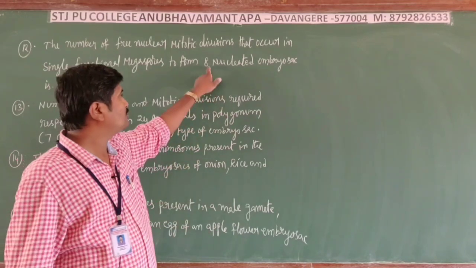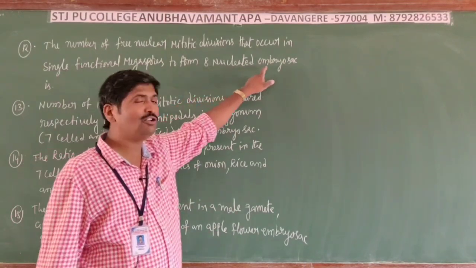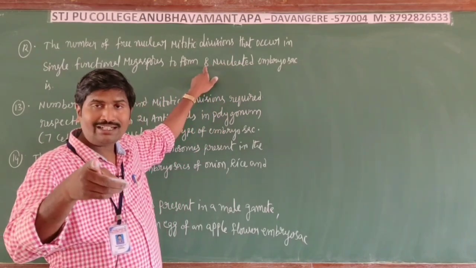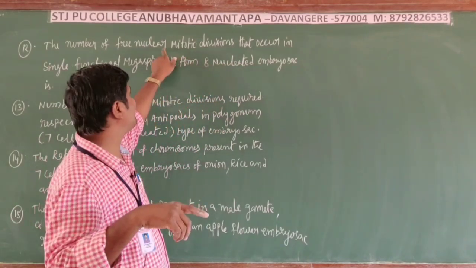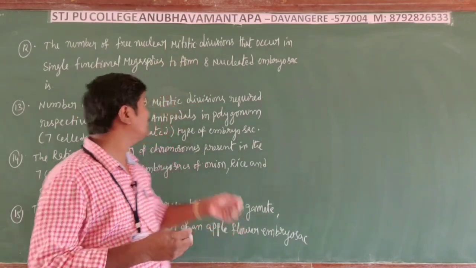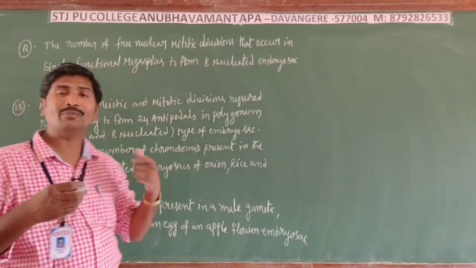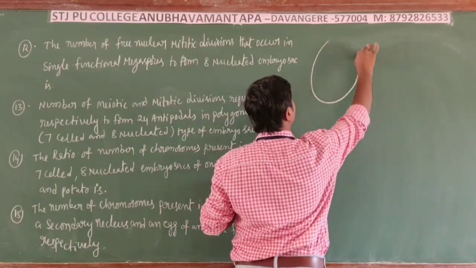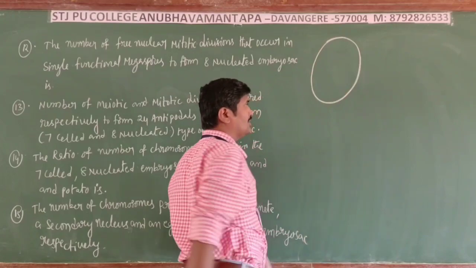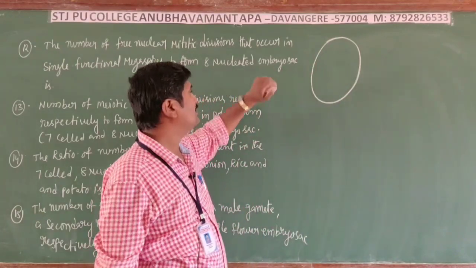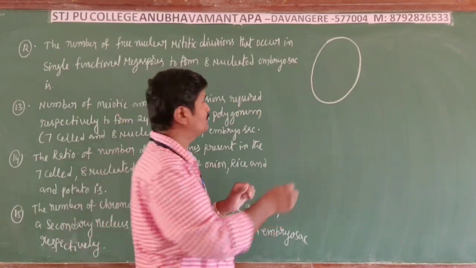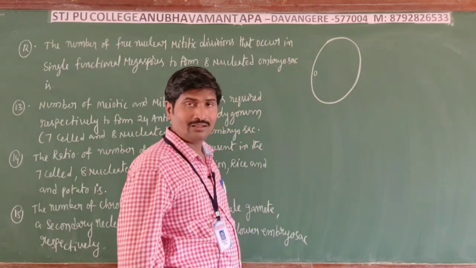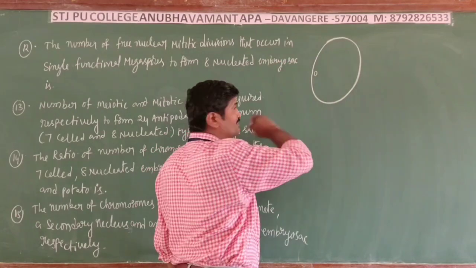See here, total how many nuclei? 8 nuclei in the embryo sac. 8 minus 1 is 7. So 7 mitotic divisions occur in the single functional megaspore. For example, this is the functional megaspore, with a single nucleus.